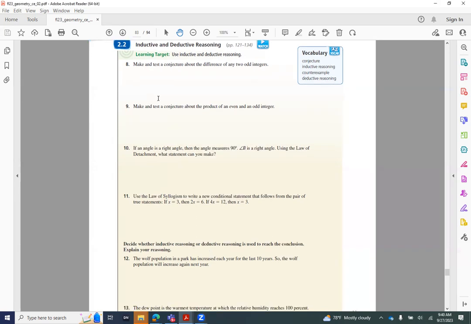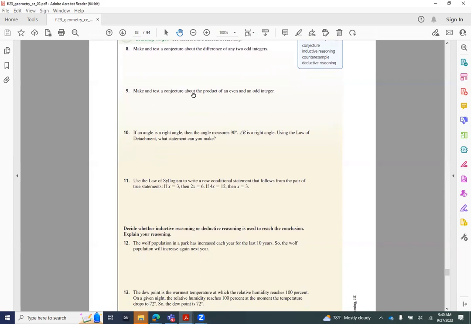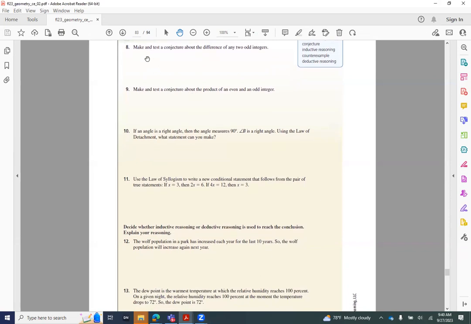So on number 8, make and test a conjecture about the difference of any two odd integers. Well, we can kind of do this by trial and error and see what's happening. So if we go through and just start subtracting some numbers, let's say I subtract 7 minus 3.